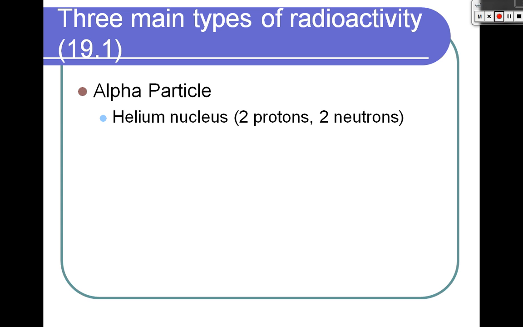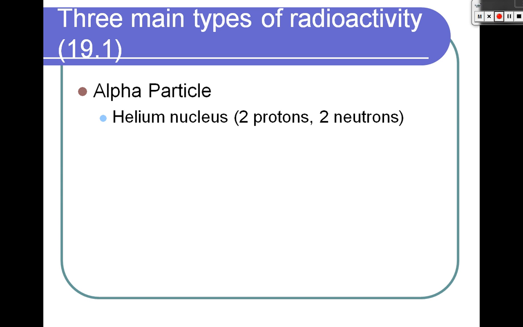The first, which we've sort of talked about a little earlier, is called an alpha particle. An alpha particle is essentially a helium nucleus. It's 2 protons and 2 neutrons. Helium's atomic number is 2. So any radioactive element could emit an alpha particle, which is also the equivalent of a helium nucleus.